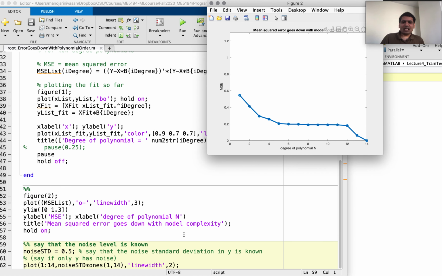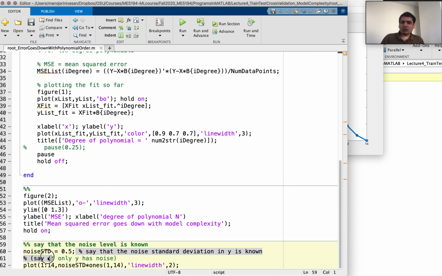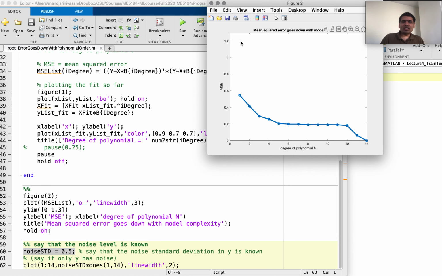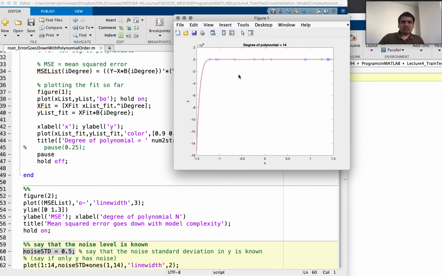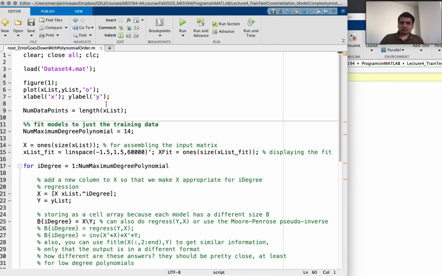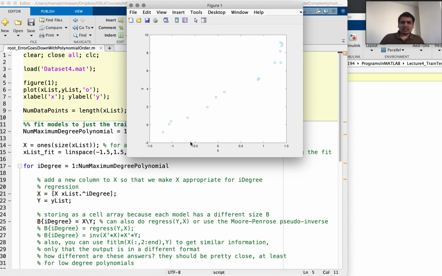One way to do that is if you actually know the amount of noise there is in your system. So let me just run this again. We've plotted y as a function of x from, say, some made-up data set.